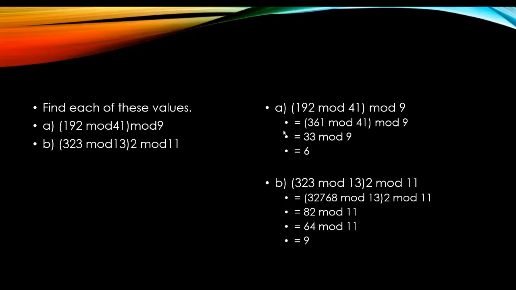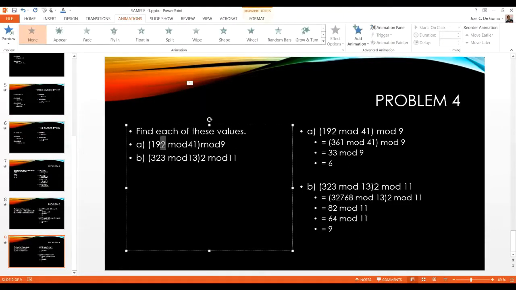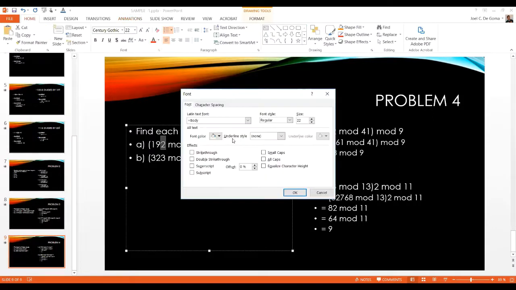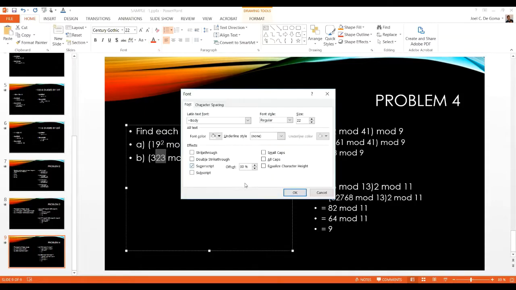For letter A, evaluate first. Also this is squared, 19 squared. So I'm just going to correct it so that we don't get confused.